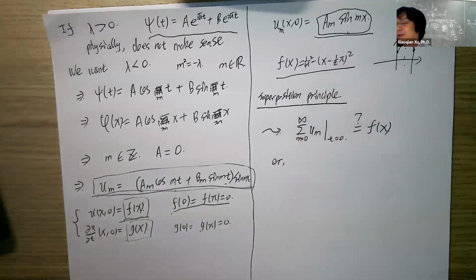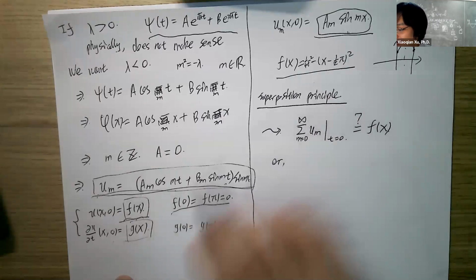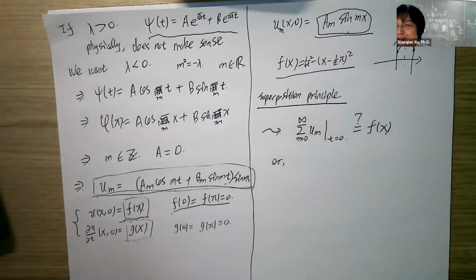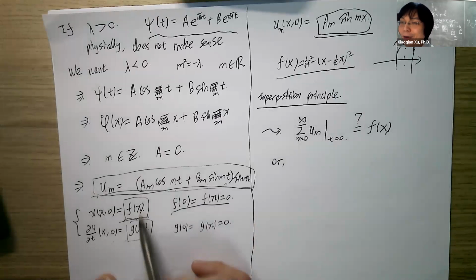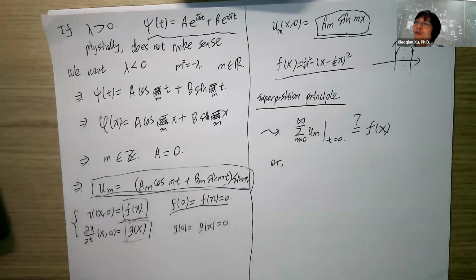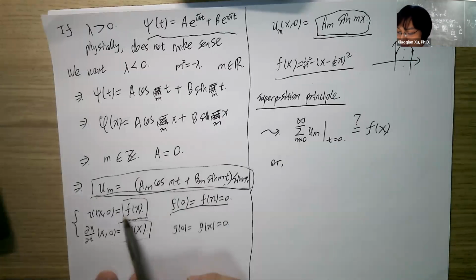We don't have any series yet, and we don't have any theorems. But here, since every single one is a solution, a linear combination is also a solution. So if we want to satisfy our initial condition, we want to make some linear combination to get it. If that is possible, then we are done, right?